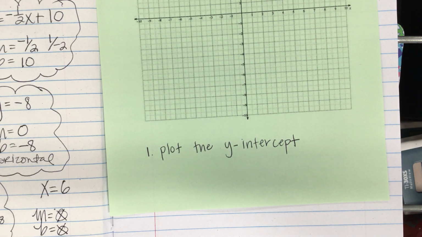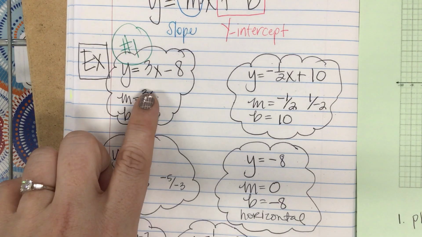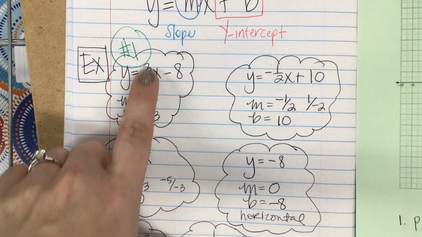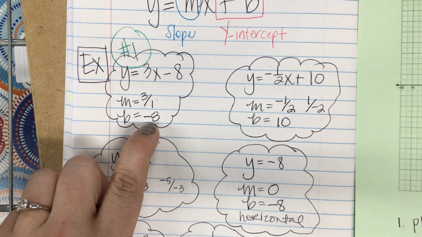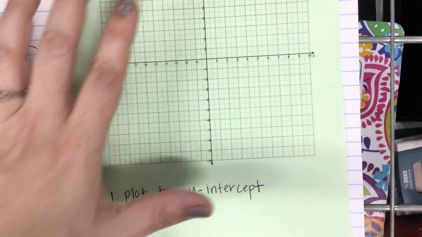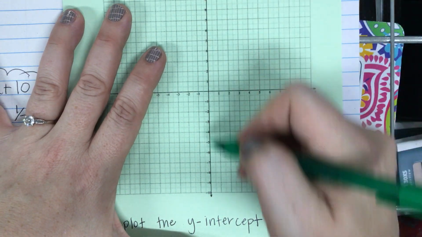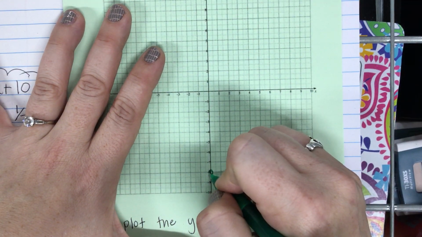Plot the y-intercept. So that's the first thing I'm going to do. For problem 1, what's my y-intercept? -8. So on the y-axis, I'm going to put a dot at -8.